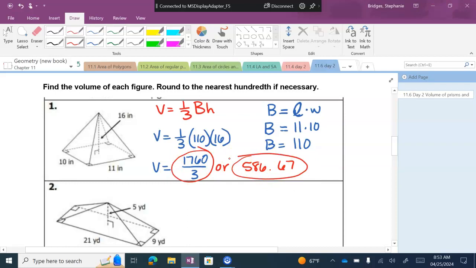I would take either of those answers. If you're comfortable with the fractions, you can deal with them as fractions in the calculator. If you're not, instead of multiplying by 1/3, you can divide by 3. Whatever you're more comfortable with, fraction or decimal, that is up to you. Okay, everybody ready?